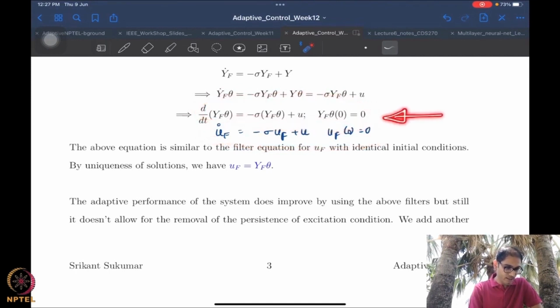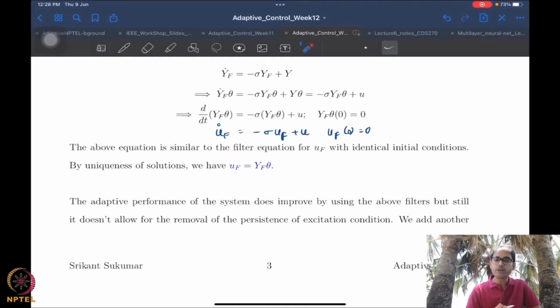These two are exactly the same equations with the same initial conditions, right? So it's just different notation. So what does it mean? It means UF is equal to YF theta, right? So this is very similar to what we did in projection based adaptive control. Even there we found an equation in terms of the filtered variables, and that's exactly what we are doing here too, right?